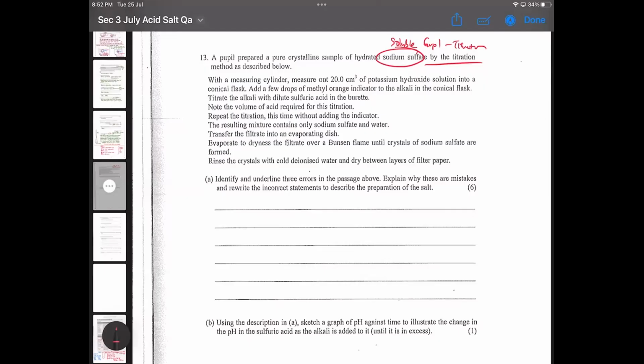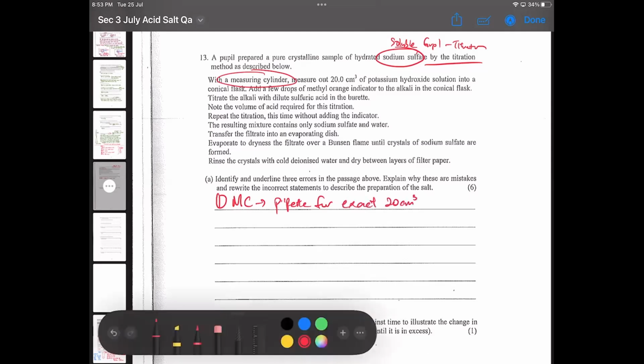The few mistakes are, number 1, measuring cylinder. We shouldn't use a measuring cylinder if you want to measure 20 cm³ exactly. You should have used a pipette for the exact 20 cm³. That's the first mistake.